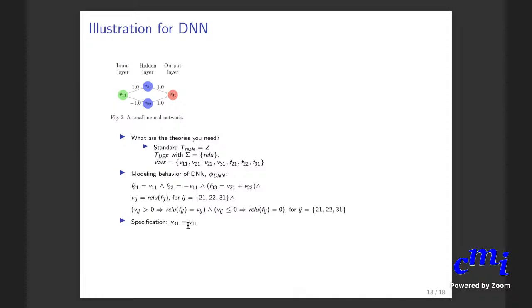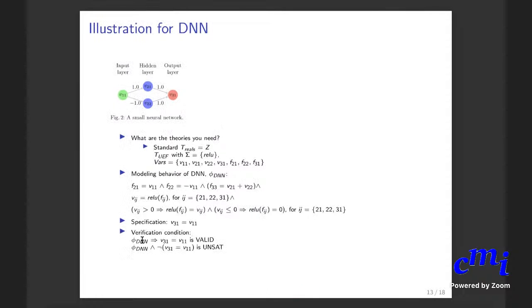This is what I call the specification. Okay, what I want to check about this system, which is now modeled as logic, that also should be expressed as a formula in that logic. Okay, that is the second one.